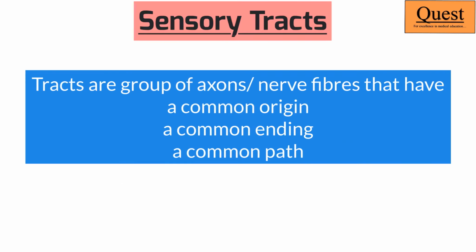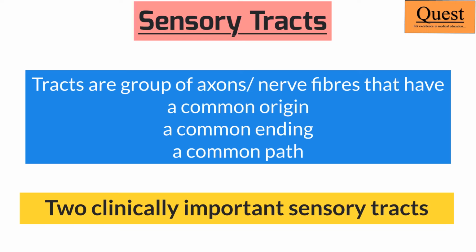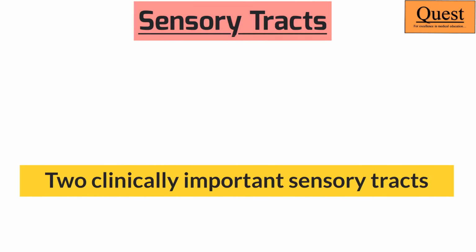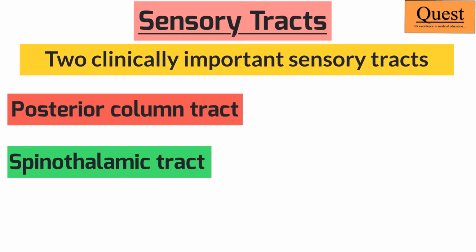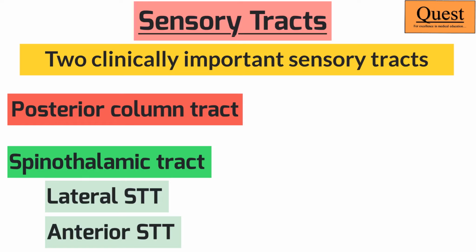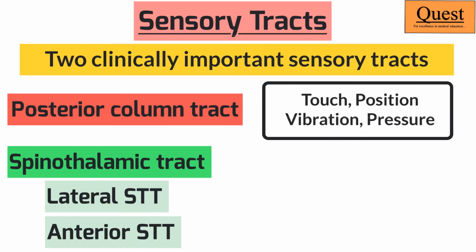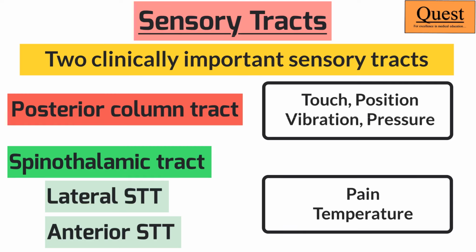Now, moving our attention towards the sensory tracts, there are two tracts of importance to us. First is the posterior column tract, and the second are the spinothalamic tracts. You might know that the spinothalamic tracts can be either lateral spinothalamic or anterior spinothalamic tracts. The posterior column tracts are responsible for carrying the sensations of touch, position, vibration, and pressure, while the lateral spinothalamic tract carries pain and temperature sensations.